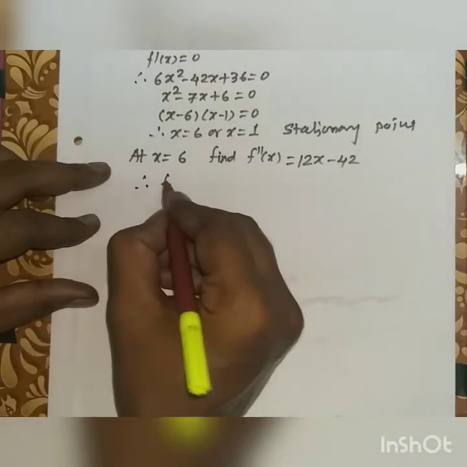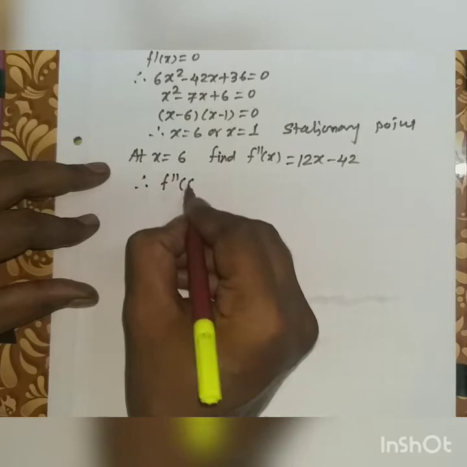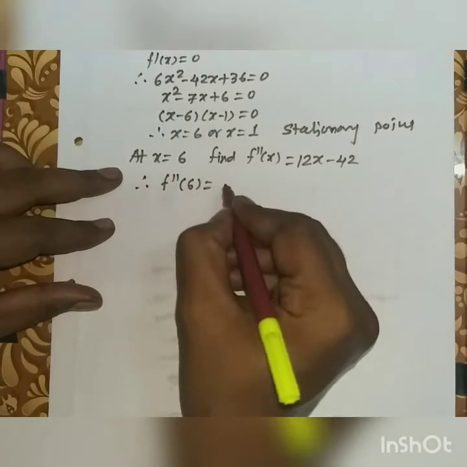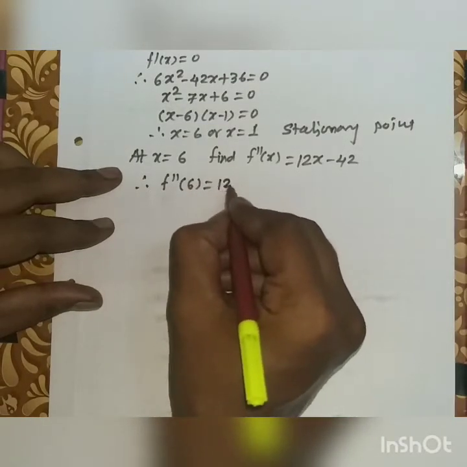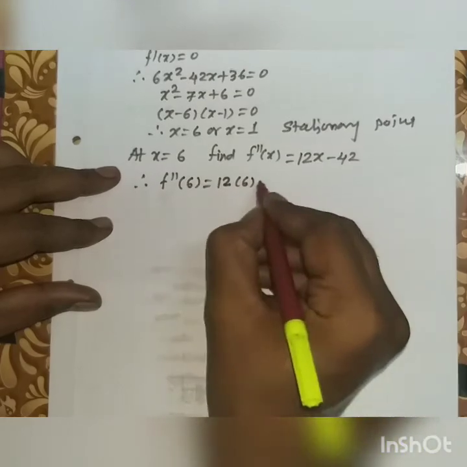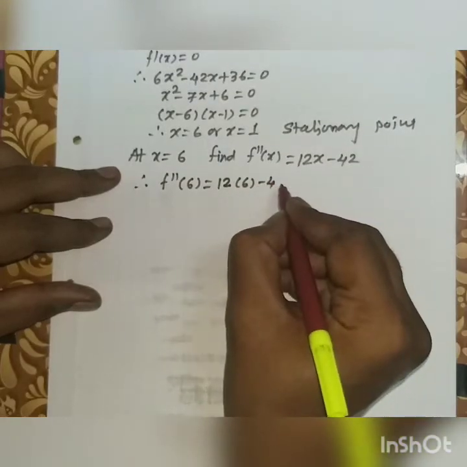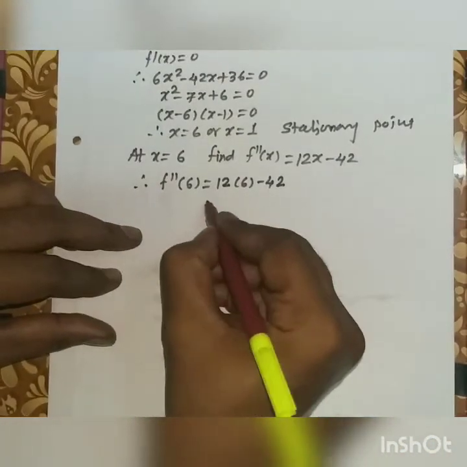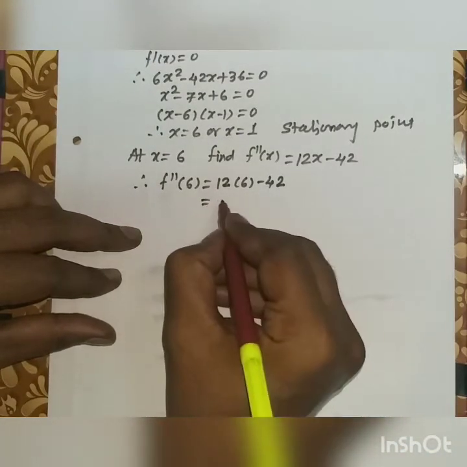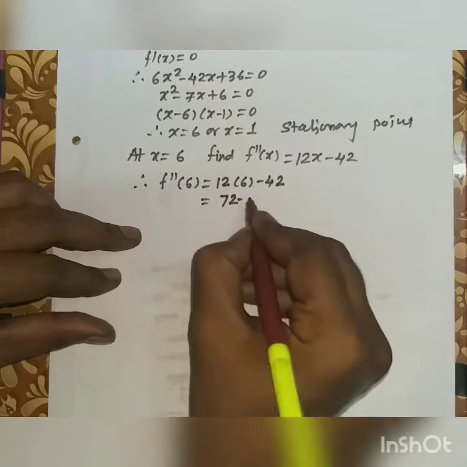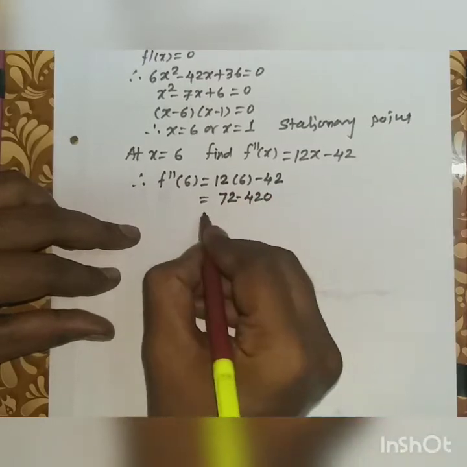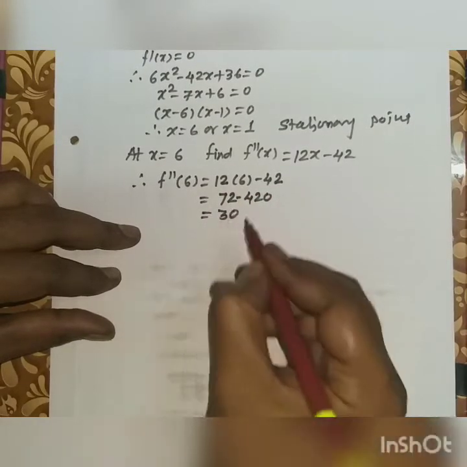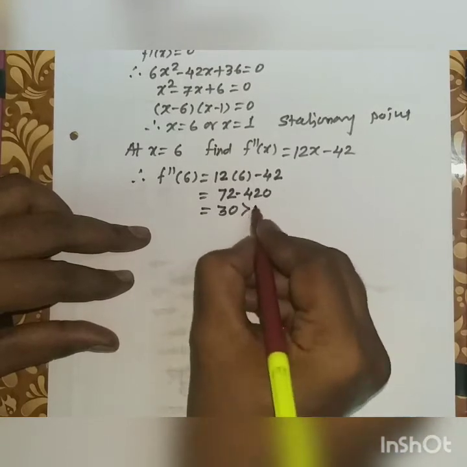Therefore, f double dash of 6 is equal to 12 into 6 minus 42. 72 minus 42 is equal to 30. We get positive, greater than 0.